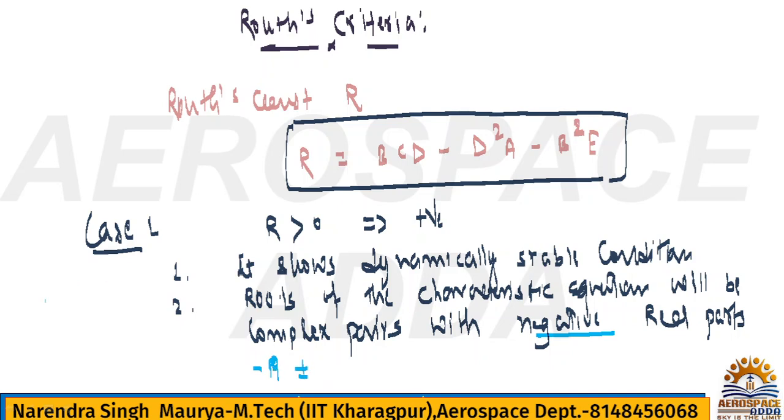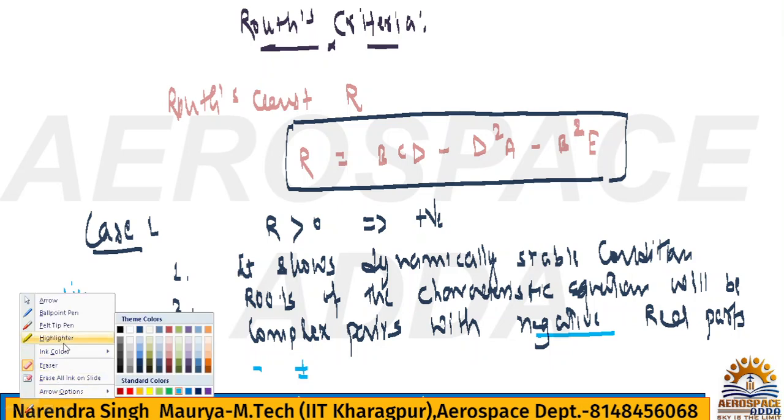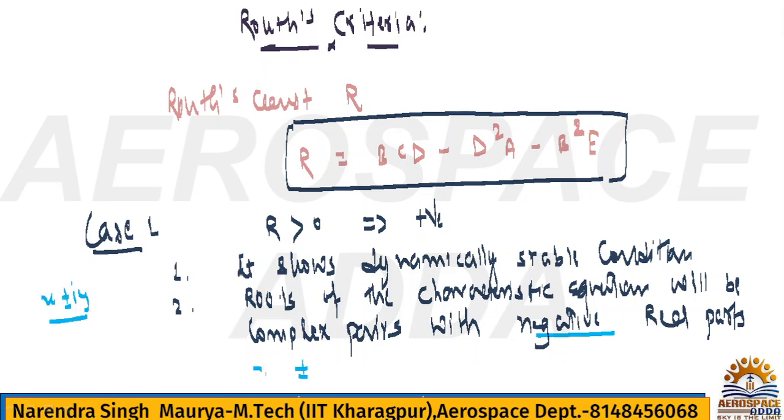How to write a complex value? It is x plus minus iy. This is the complex, right? So x is real and y is imaginary. Here real is nothing but P1, and it is clearly mentioned that if Routh's constant is positive, then your real part will be negative. So minus P1 is the real part, then plus minus i for the imaginary part, Q1.